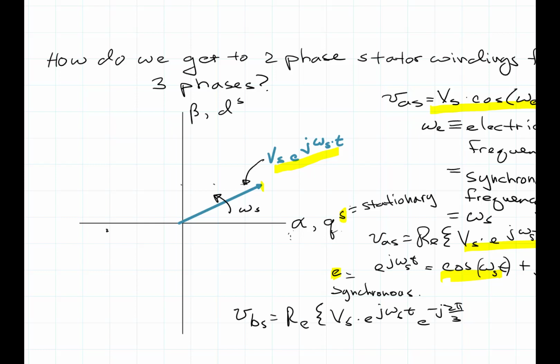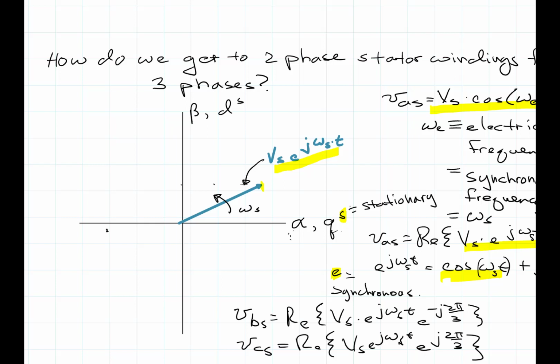So it's phase displaced by negative 120 degrees. And then the stator C voltage is the real component of Vs e^(jωs t) e^(+j2π/3). And so each one of these three phases can reflect onto these two stationary axes.